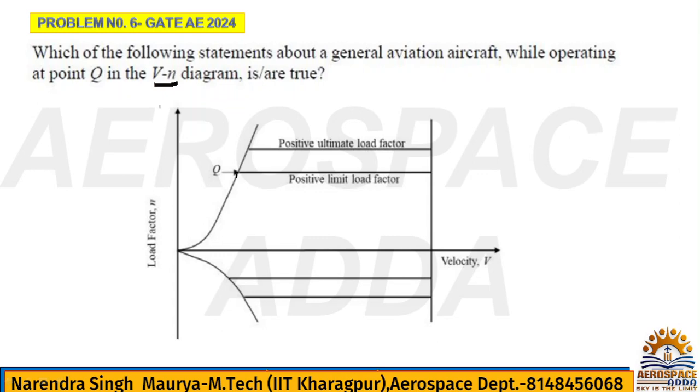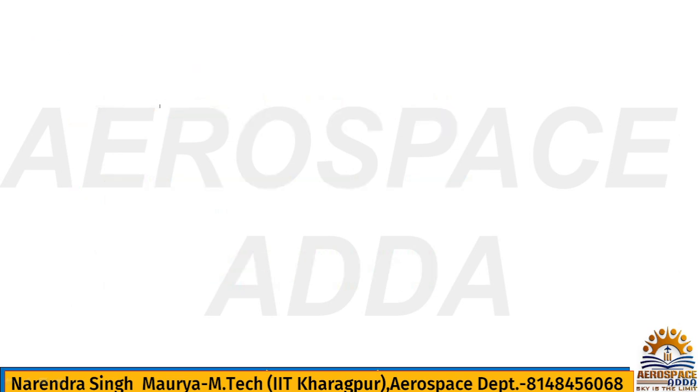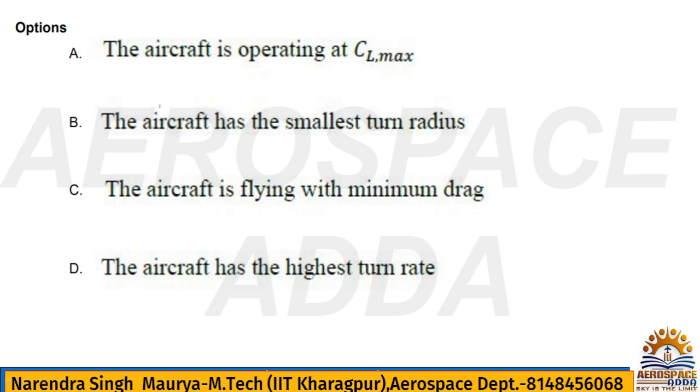Now check the options. The aircraft is operating at CL max. The aircraft has the smallest turn radius. The aircraft is flying with minimum drag. The aircraft has the highest turn rate.